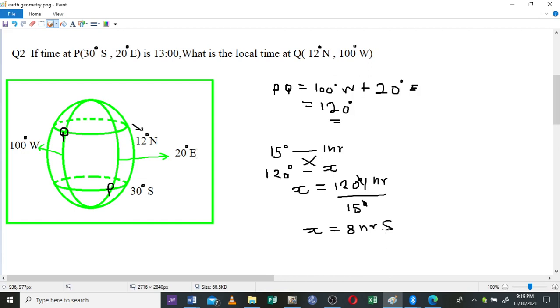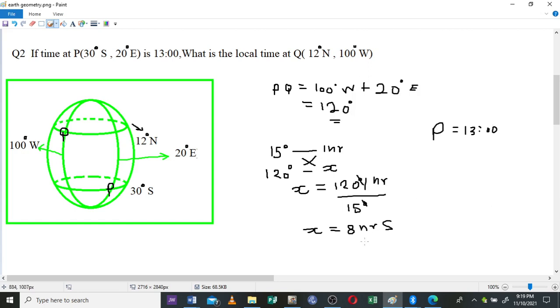Now remember, point P is in the east, and the time is 13 hours, right? Now point Q, where we don't know the time, which we are calculating for, is in the west.